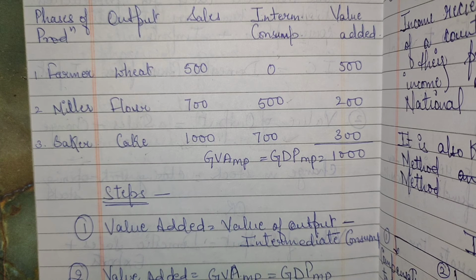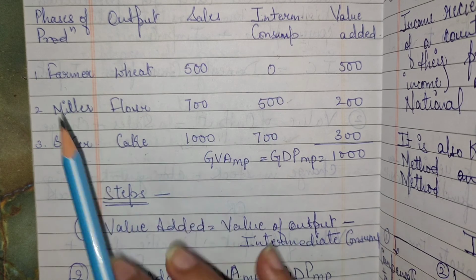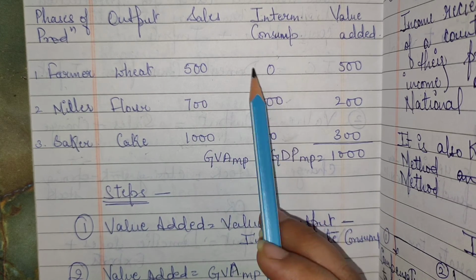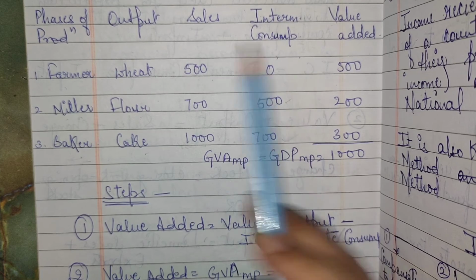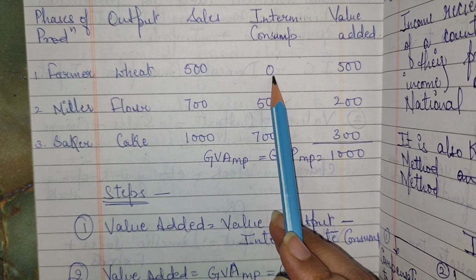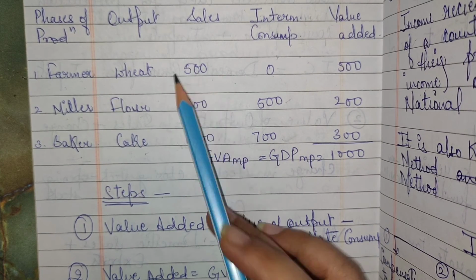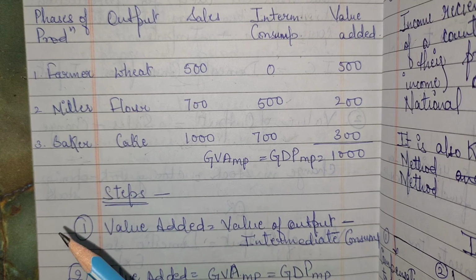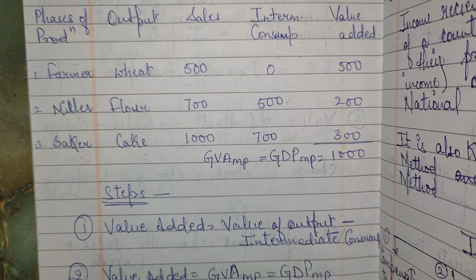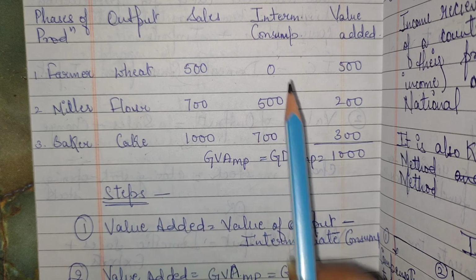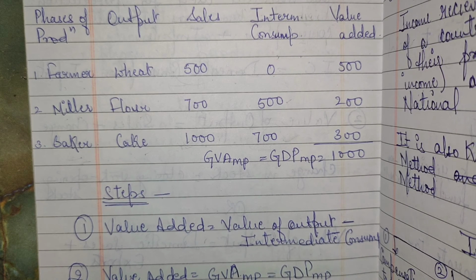So this is just one example. So intermediate consumption at farmer will be 0 because this is the intermediate consumption only. For farmer, this will be the intermediate consumption and sales as well. So no intermediate consumption for farmer.